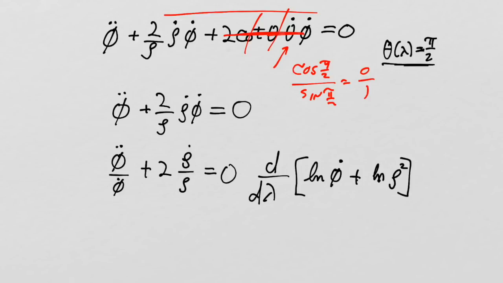So it's the derivative with respect to lambda of this, but that equals 0.